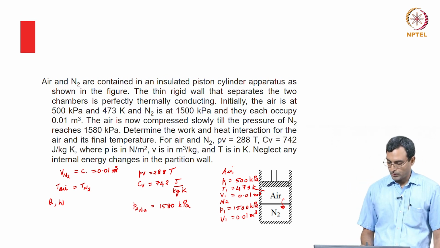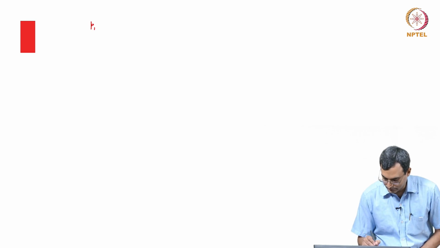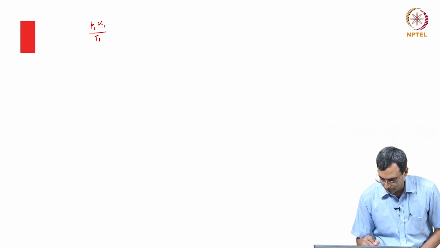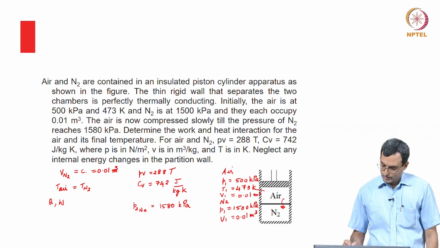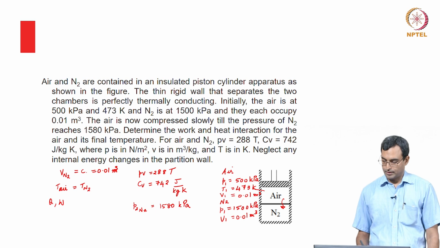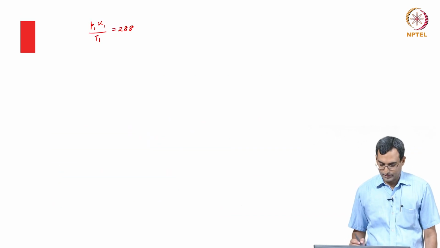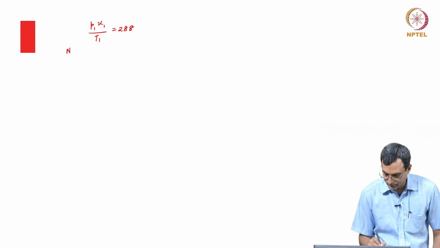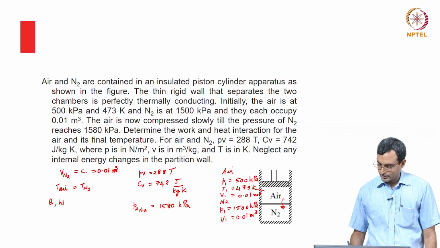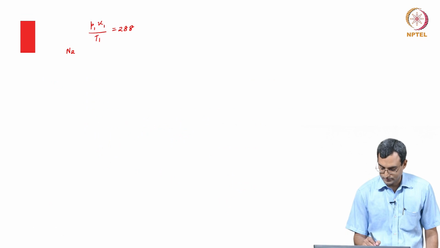So, we have P1 V1 by T1 is 288. For both air and nitrogen, we can use this. So, let us use this for the nitrogen first. P1 of nitrogen is 1500 kilopascal.